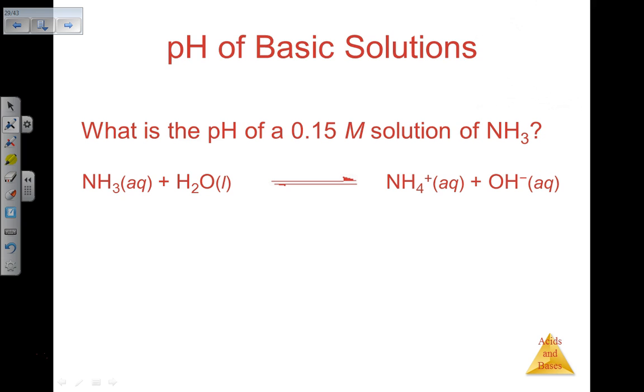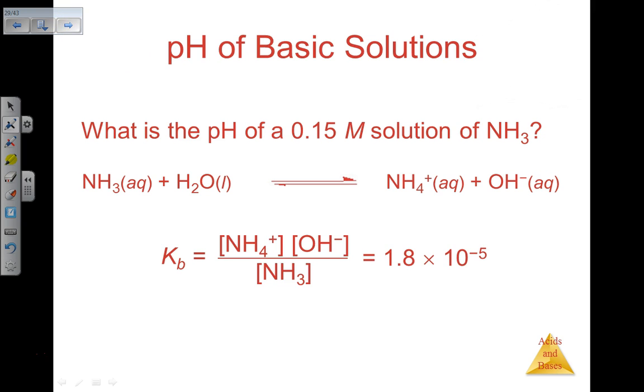Okay, so here's what we are going to do. We're going to look at ammonia, and we are given that the Kb equals 1.8 times 10 to the minus 5. If you've seen the Ka of acetic acid, it's also 1.8 times 10 to the minus 5. That's just coincidence because this is a Kb, the other one's a Ka.